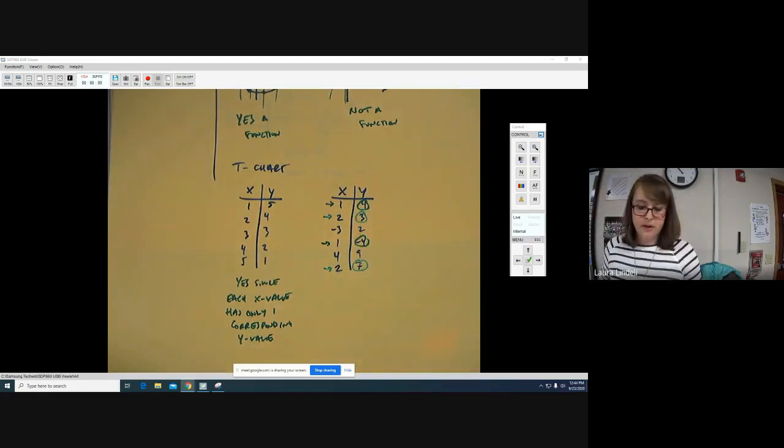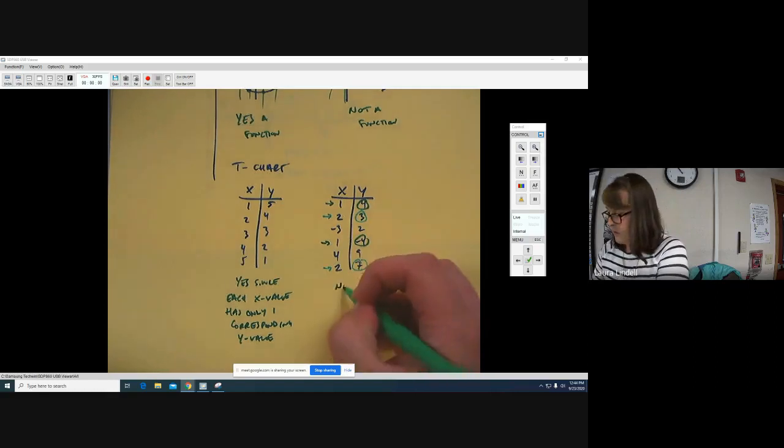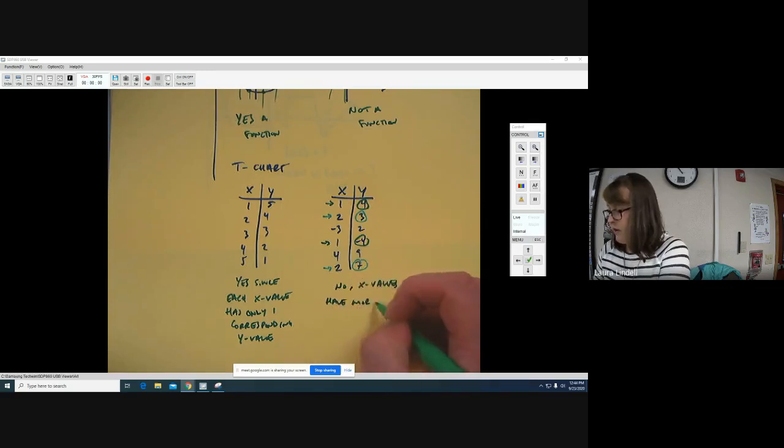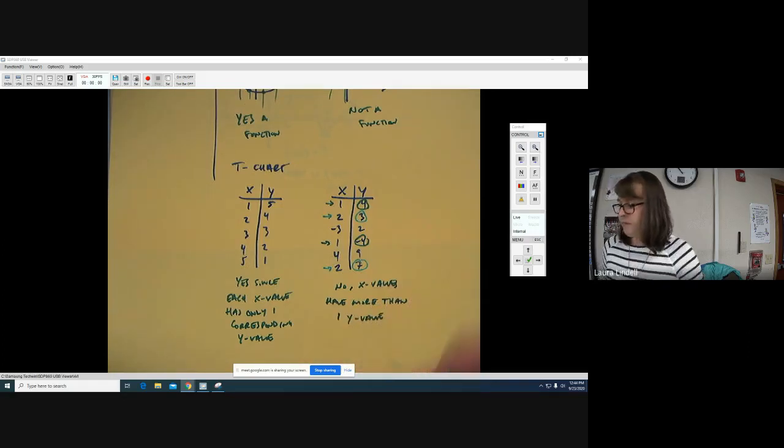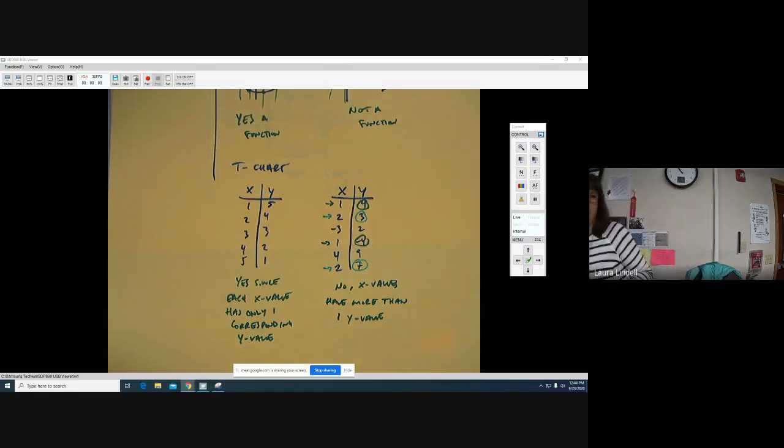So for this one, it would be no, because X values have more than one Y value. Okay, so that would make it not a function.